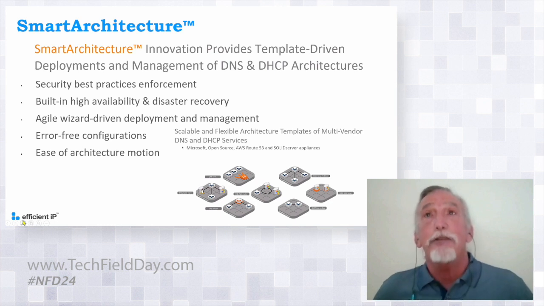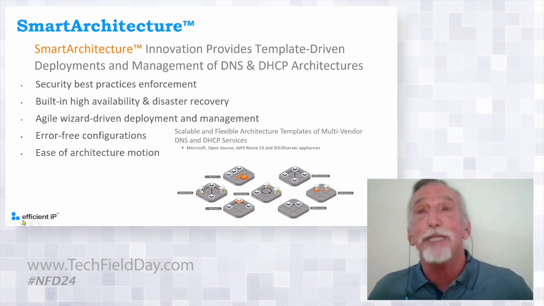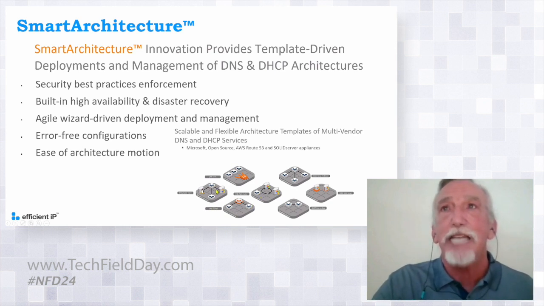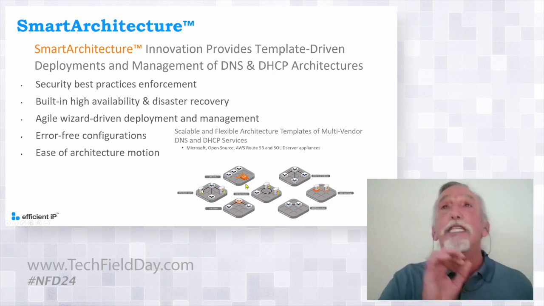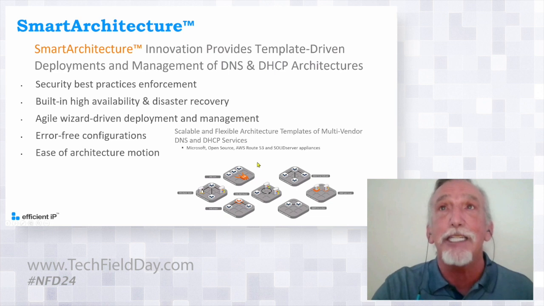Okay. So as far as the smart architecture in the past, it was more there for once I select what kind of architecture I want to build, right? Master, tertiary, many-to-one architectures as far as DHCP, how we help assist load balancers by making them optimal as far as multiple DNS servers behind them.